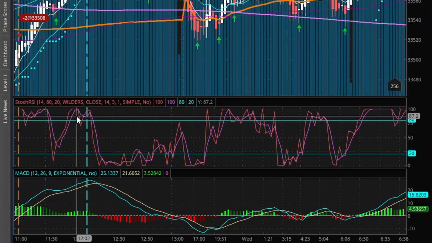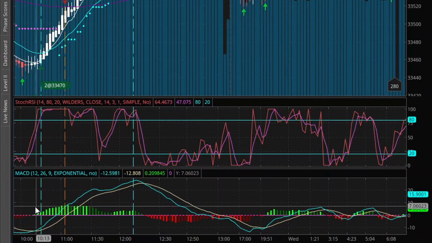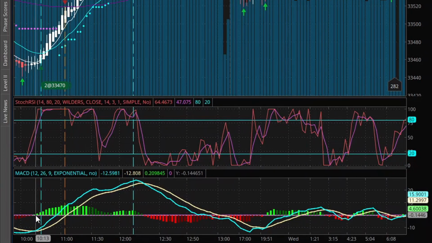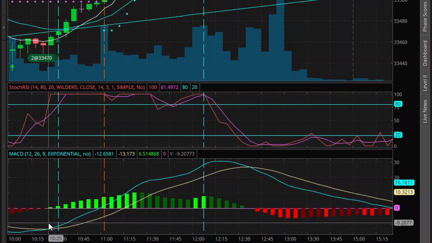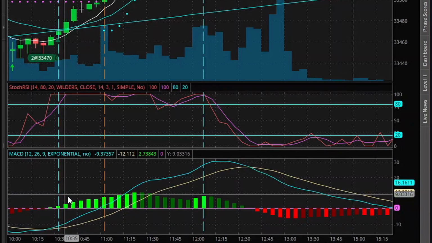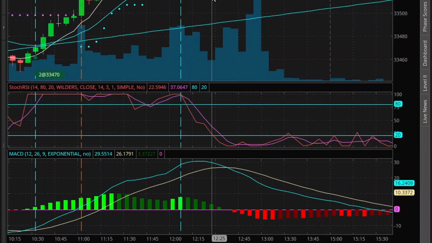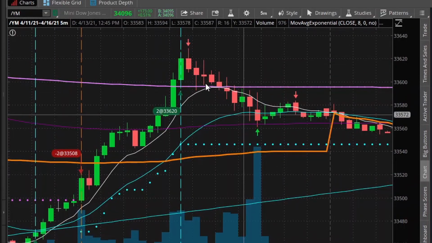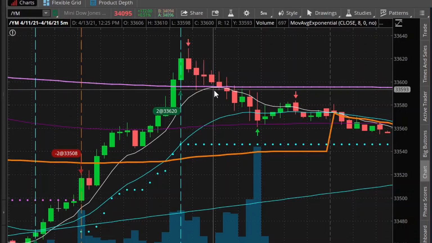But the problem here is that the crossover occurred a long time ago. The crossover occurred at about 10:08 on the tick-based chart, and on the time-based chart, it occurred at about 10:25 a.m., which was that previous trade that I did, which did quite well. And because of that, the entire power hour itself, it actually kept going down, and I went through that phase that I go through sometimes where I'm like, I missed out, and I don't really want to give up this gain.